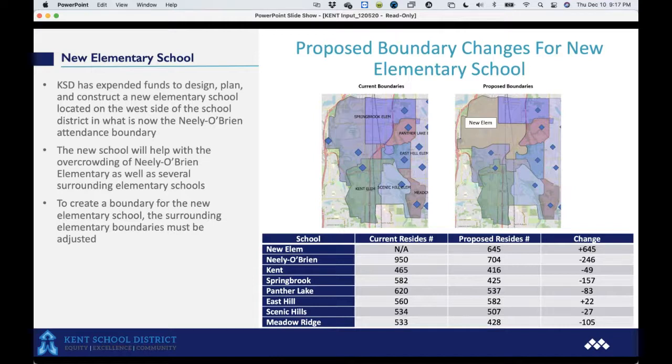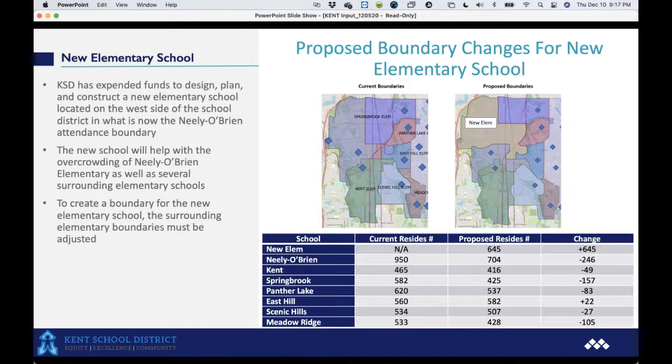And then Neely O'Brien is adjusted more so that, because so much of its area was taken by the new elementary school, we have to further adjust it. So Neely O'Brien is moving into some of the boundary that is currently Kent, Scenic Hill. And then lastly, East Hill takes the northern piece of Meadow Ridge to balance the resides areas of all those elementary schools.